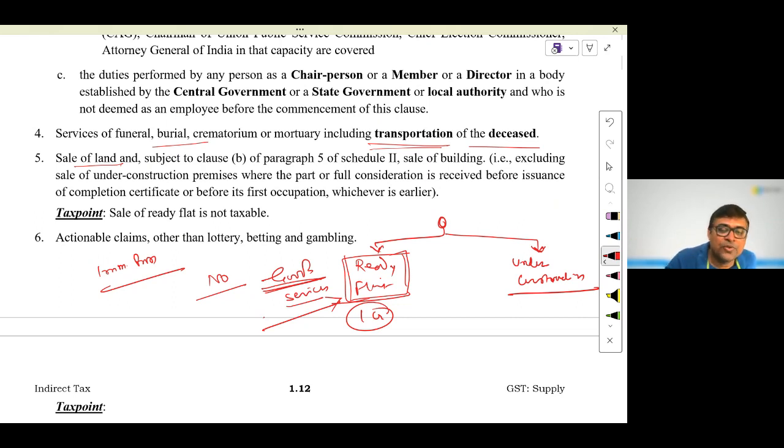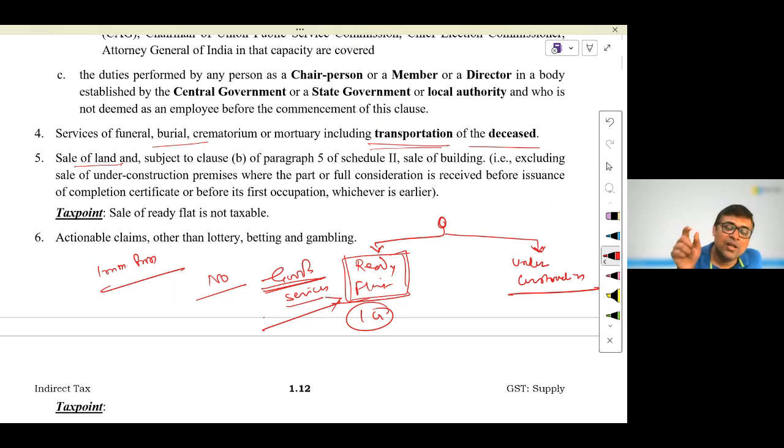However, if I buy an under construction flat, the property is not yet converted into immovable property. The contractor is working for me and constructing a flat for me. That means I am acquiring his services.